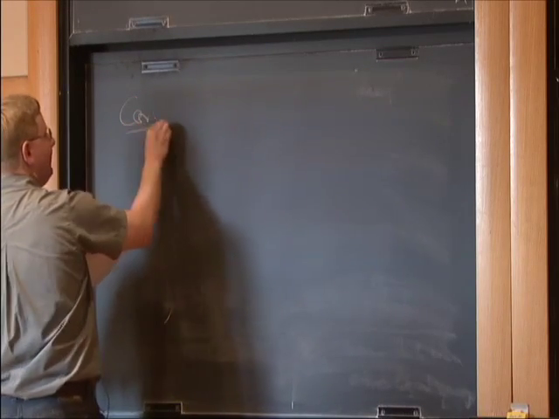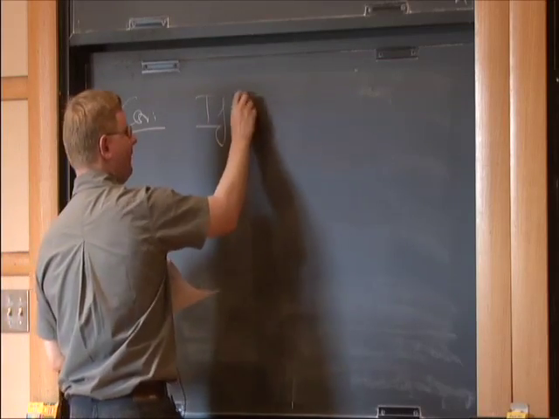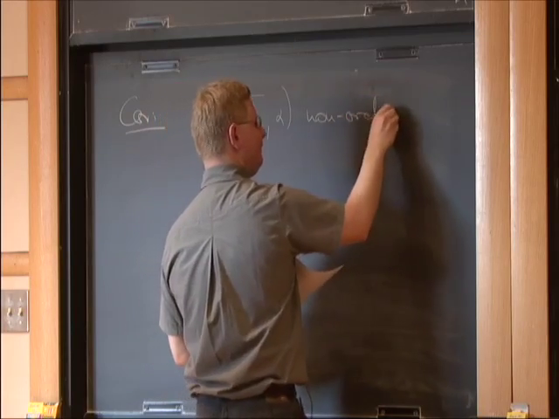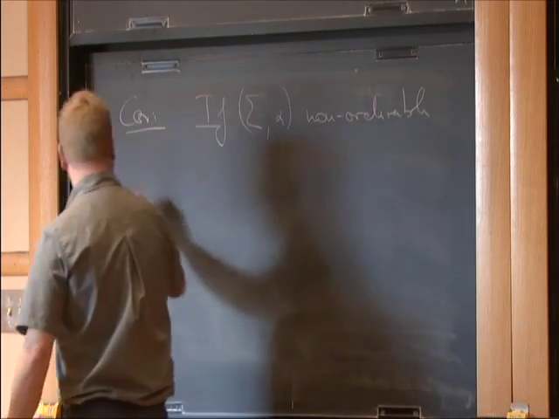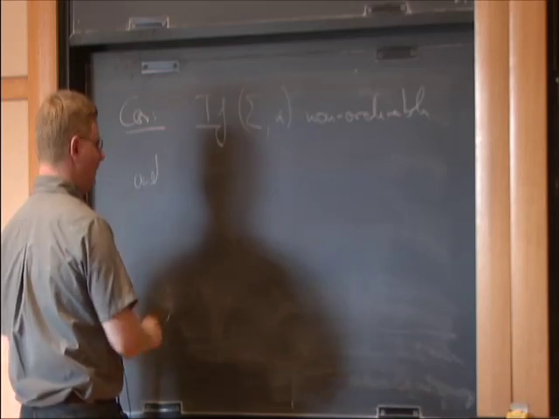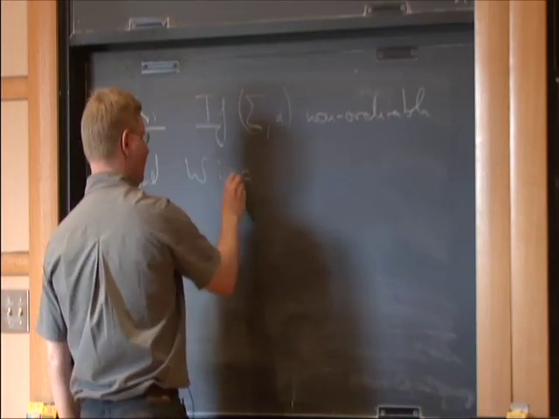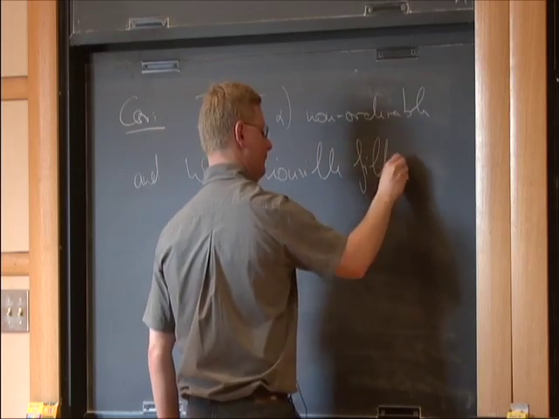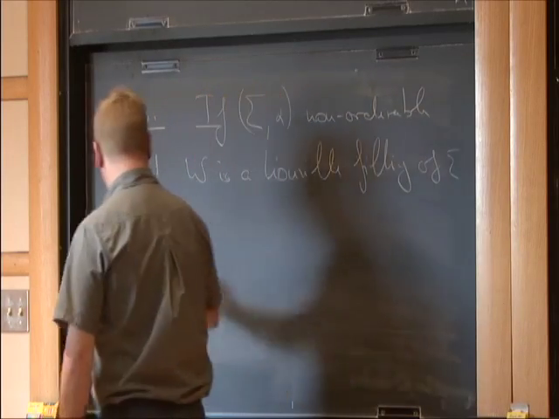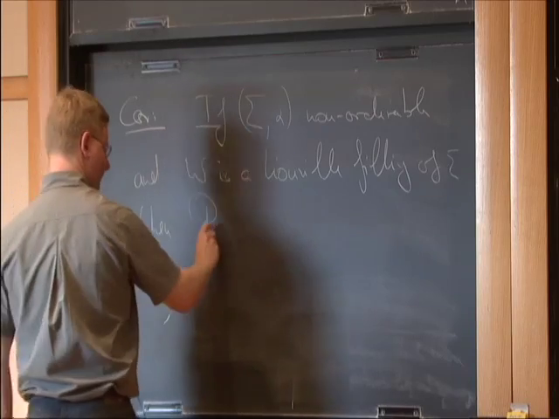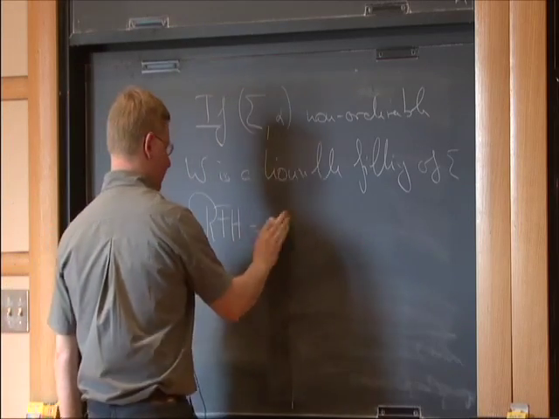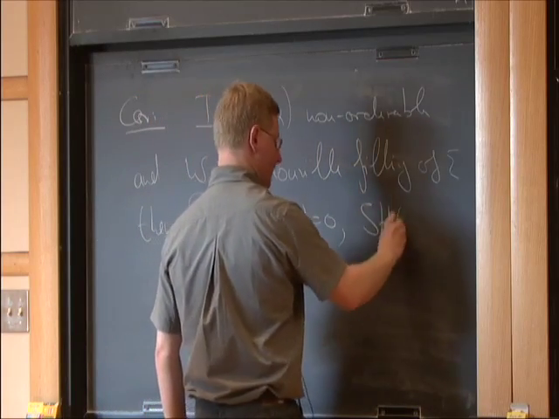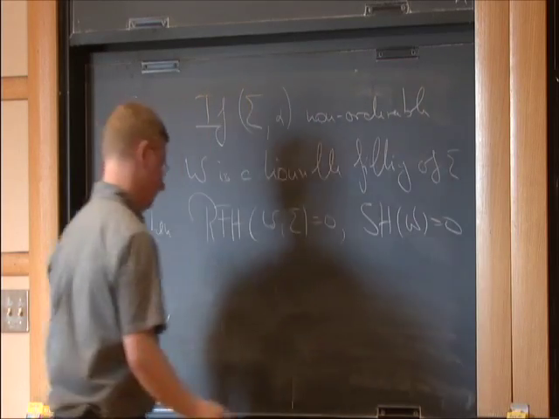Here's a corollary in the opposite direction. If you assume that sigma with alpha is non-orderable, and W is a Liouville filling of sigma, then R of H of W sigma is 0, or also the symplectic homology of W is 0.